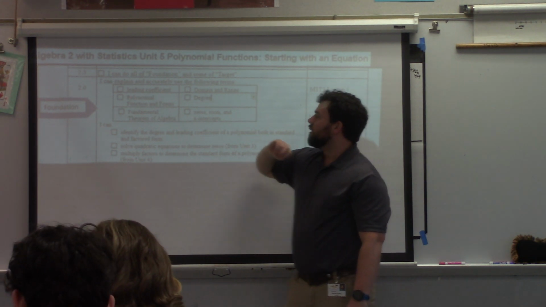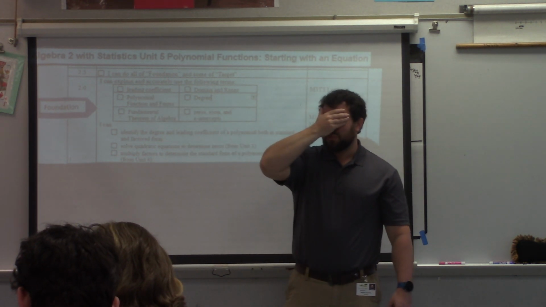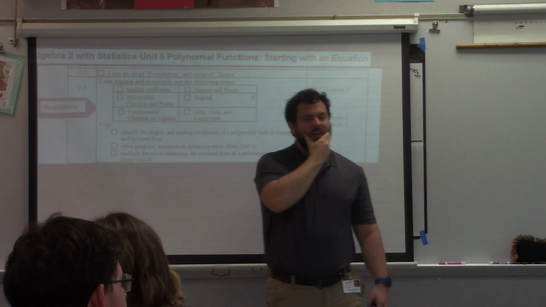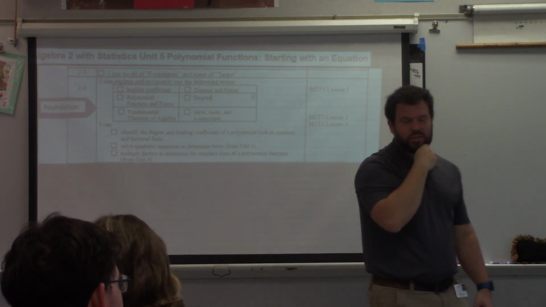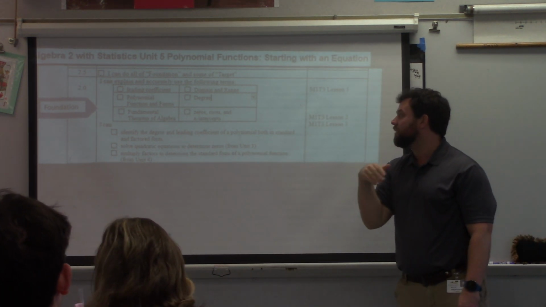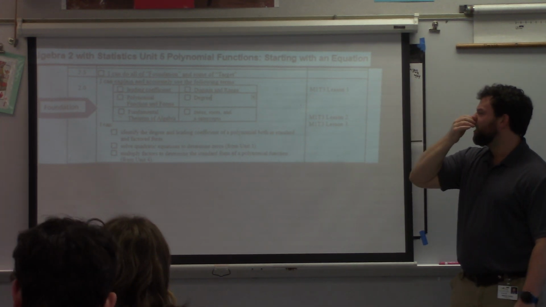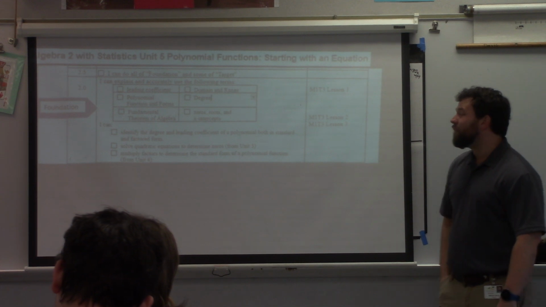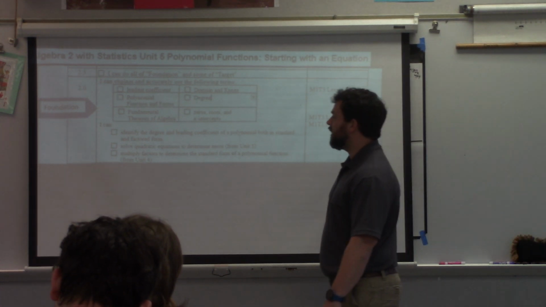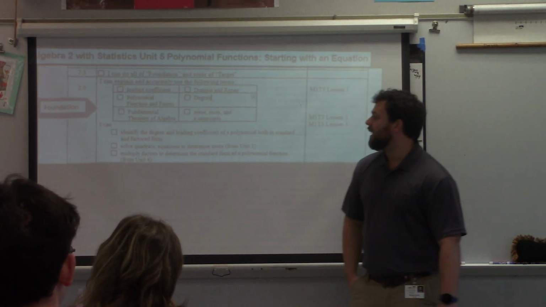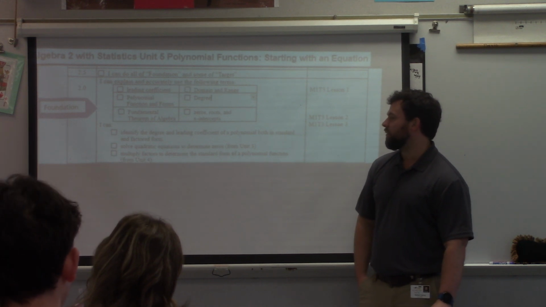Fundamental theorem of algebra. Hopefully we know that one backwards and forwards because we've now had 2 units where we've used it. Polynomial function, guys looking around the room, y'all stressed me out about polynomial function when I looked at the test. Some of us understood it pretty well, but we need to address it better. Hopefully we're good with degree, domain, and range. Leading coefficient is the one thing we haven't actually talked about yet, so we're going to talk about that, but hopefully we remember it from Algebra 1.